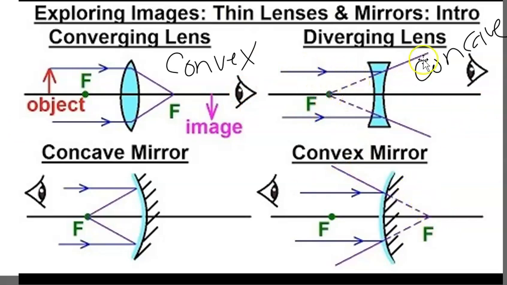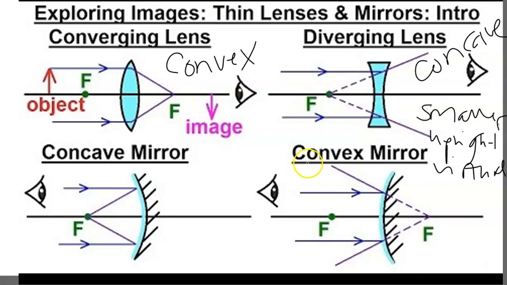All of the light that comes through gets spread out, and these both create the same type of images: smaller, upright, and virtual. They are always virtual. They make things look smaller.